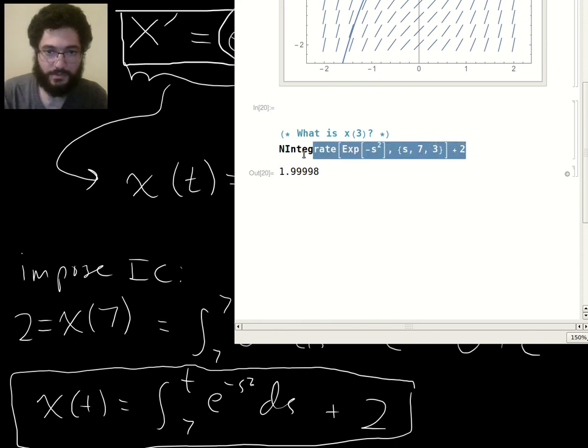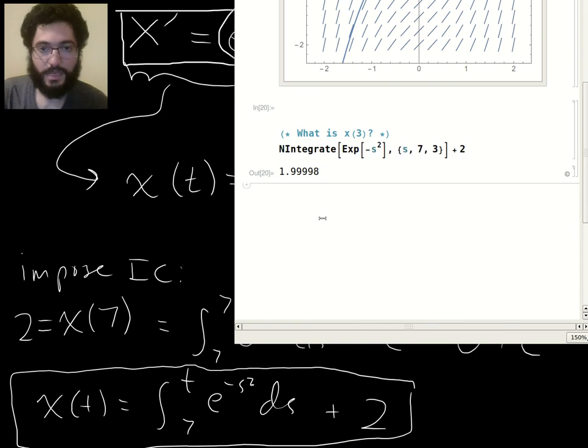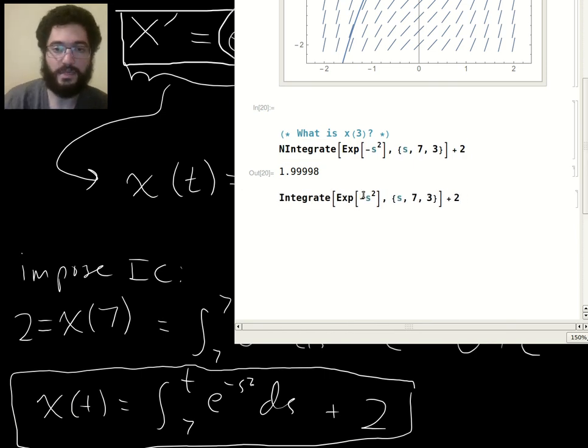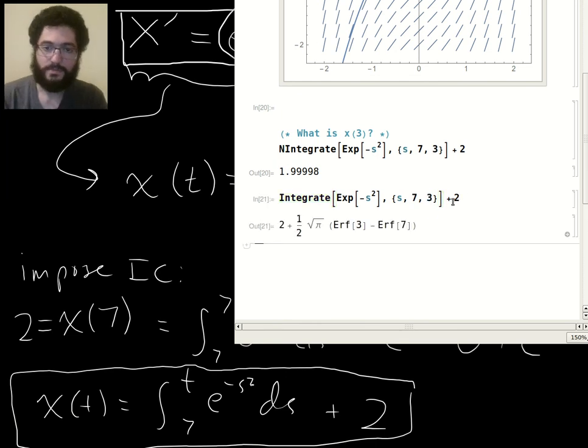Just because it would be interesting, let's look at what you would get if you tried to just Integrate instead of numerically integrate. So now I'm integrating this function with respect to s from s equals 7 to s equals 3. Look at that.